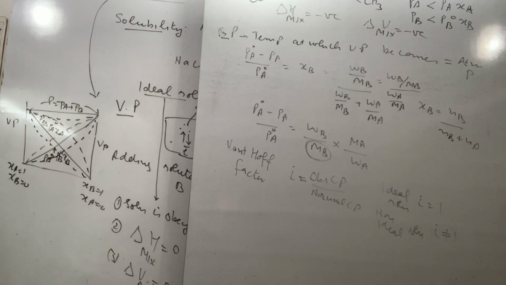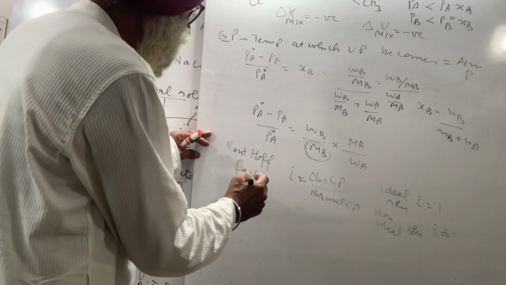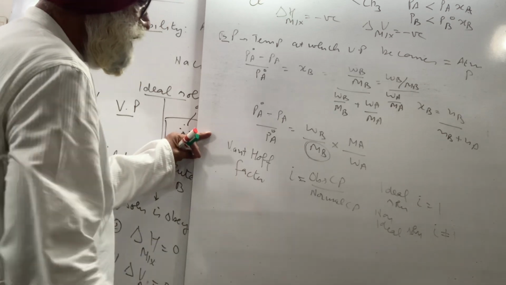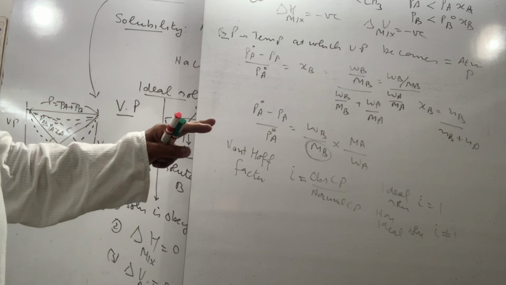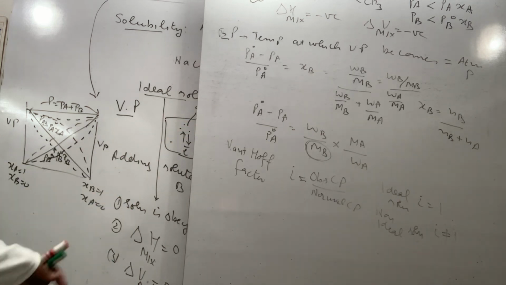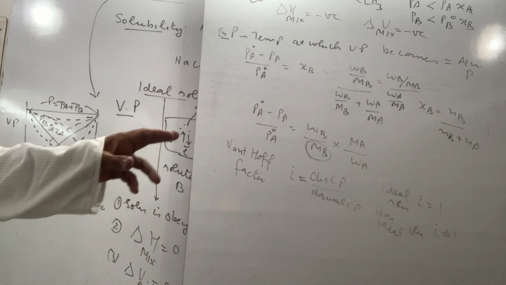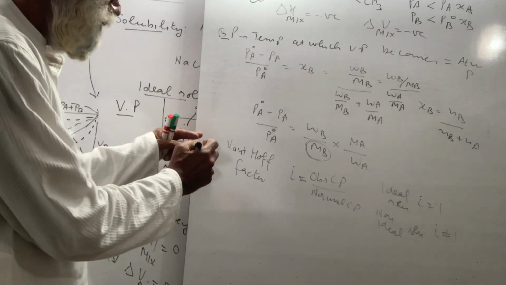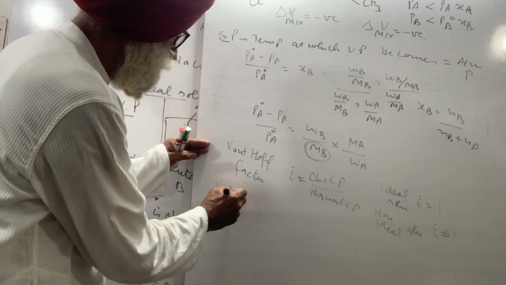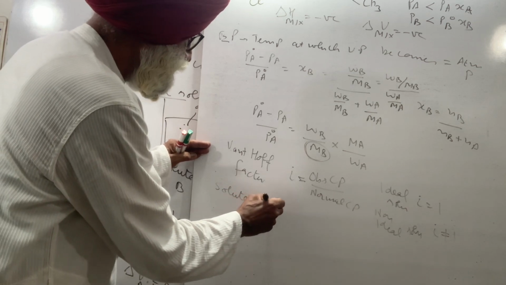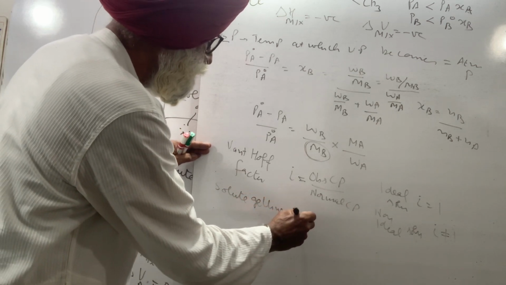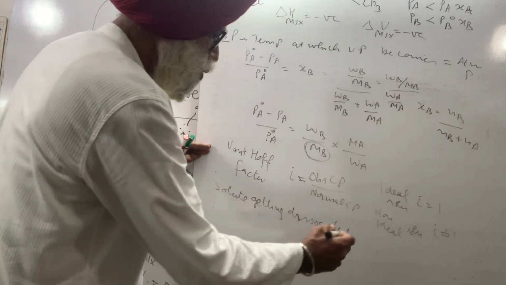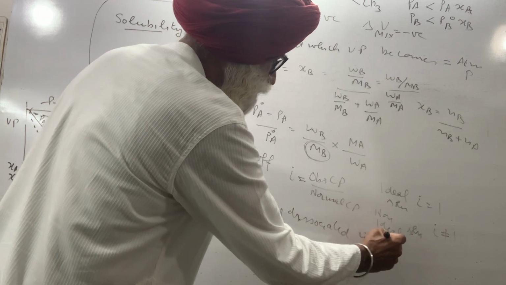For example, solution showing positive deviation. Positive deviation means that in this case you are having non-ideal solution. For example, solute can be getting dissociated in solution.